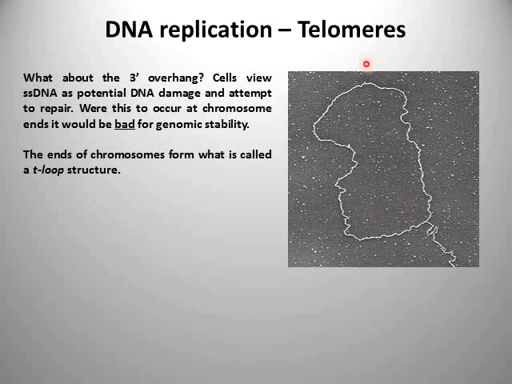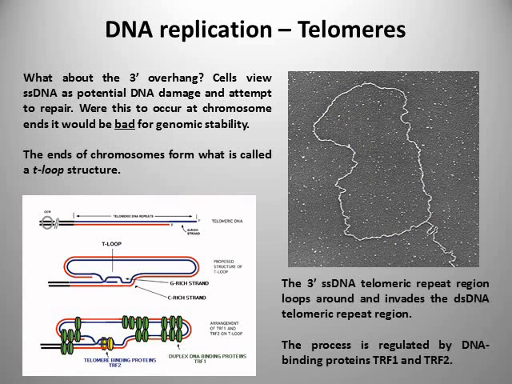So this is where the 3' end of the overhang actually loops backwards onto itself and forms a loop at the end of the chromosome structure. And it does this by incorporating itself into the double helix region of the end of the chromosome, the telomere, by virtue of base complementarity pairing between the 3' overhang and the telomere repeats that exist at the end of the double-stranded chromosome.